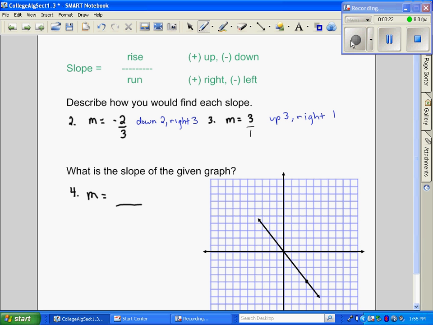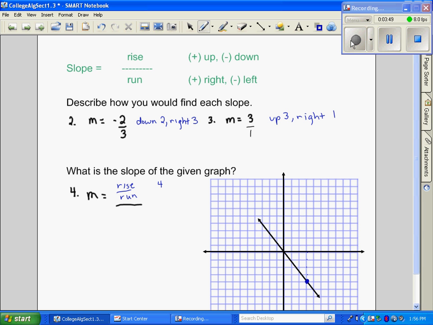Number 4, they ask us to give the slope of the given graph. So they're going to have a graph and a point. We find the point at which it crosses directly, and we're looking for rise over run. If I start at this point in blue and ask how many do I go up, 1, 2, 3, 4, I go up 4.